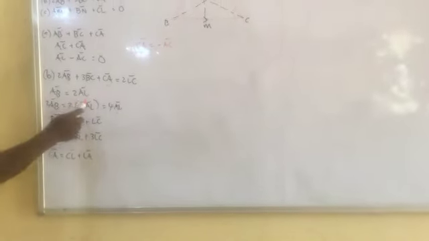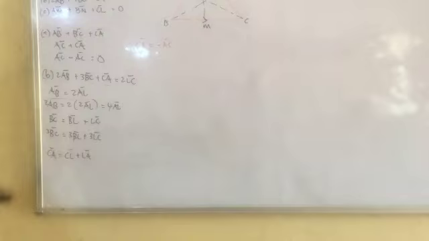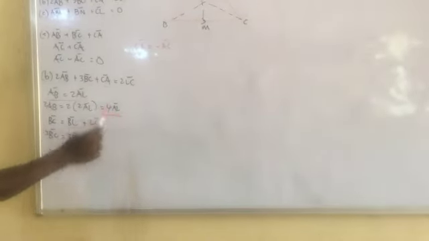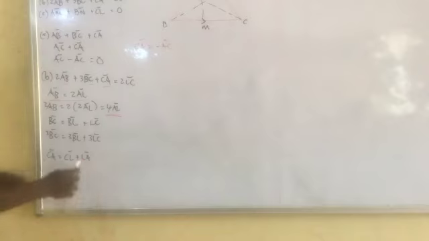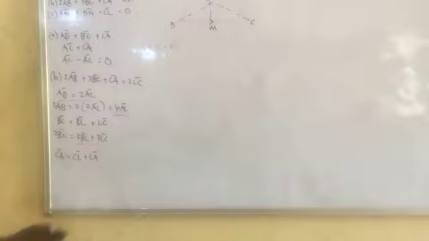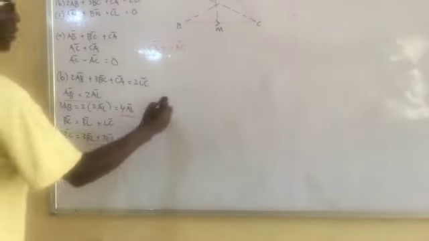We have our 2AB, which is what we make use of. Then we have our 3BC also, which is this. Then we also have our CA. Now we can add up, according to what we are given.